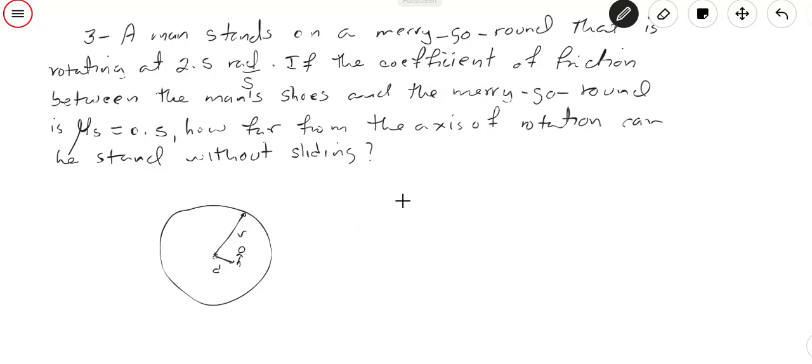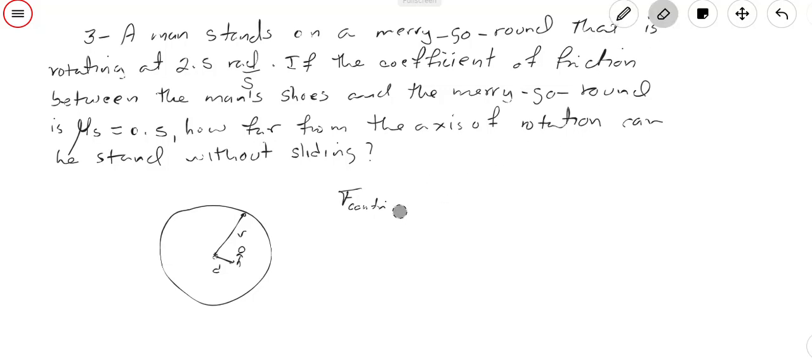The problem here is that if the centrifugal force, which is equal in magnitude to the centripetal force, is greater than the force of friction, then the guy is going to slide out of the merry-go-round.